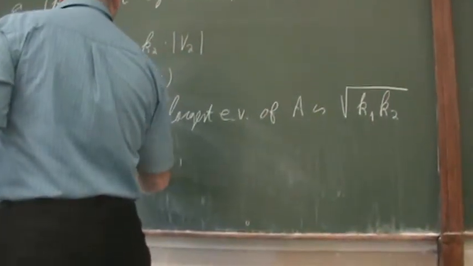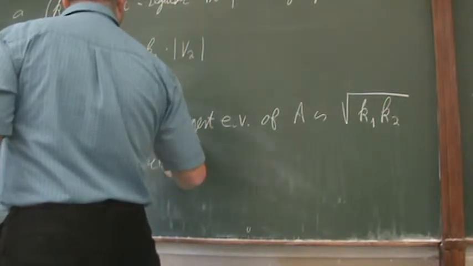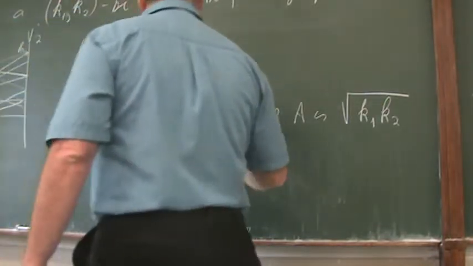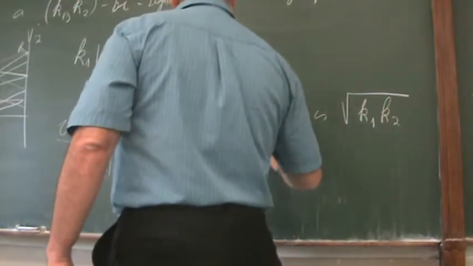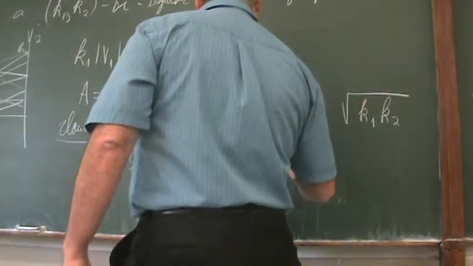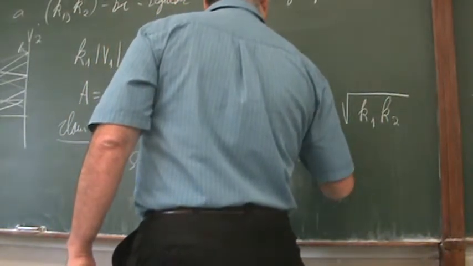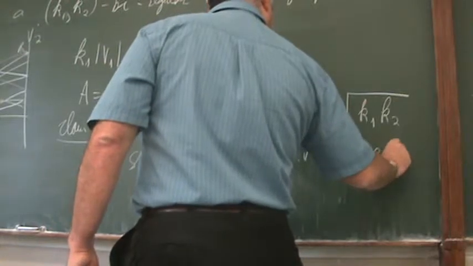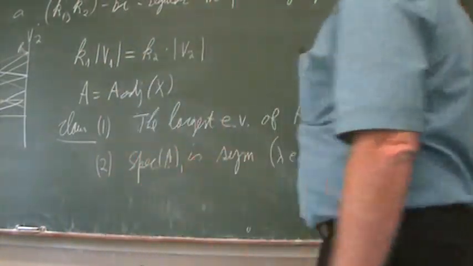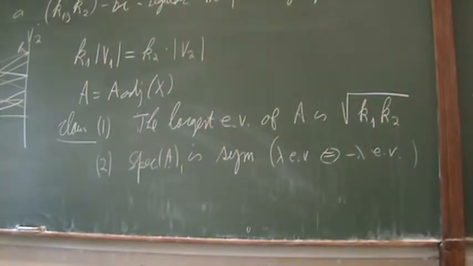Also, the spectrum of A is symmetric, namely lambda is an eigenvalue if and only if minus lambda is an eigenvalue. So in particular, minus the square root of K1 K2 is also an eigenvalue.